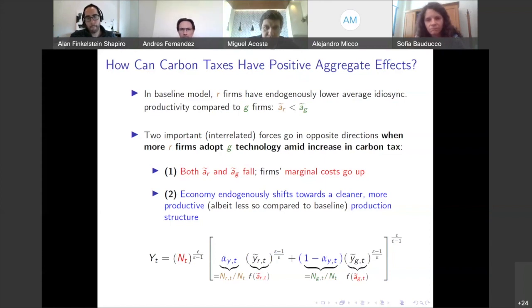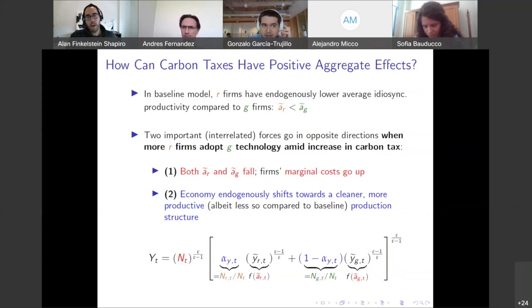Alan? Yeah. Actually, you don't need the damage function in the model to get the same results, right? The only thing you need is the CO2 target for the reduction. You want to reduce 35% of the CO2 emissions, so you have to find the carbon tax that allows you to get to that level of reduction.